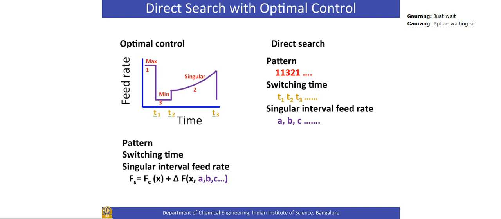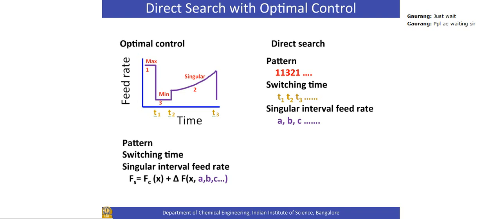Now, for a given problem, we don't know what this sequence is. So if I call this phase 1, this 2, and this 3, what I don't know is the pattern: max, singular, or max, singular, min, and so on. So this is what I'm going to search for.